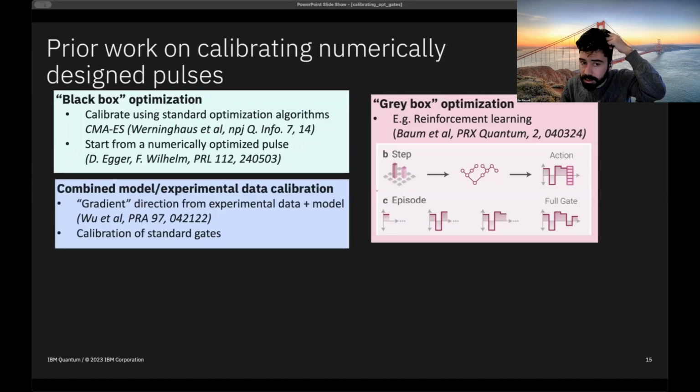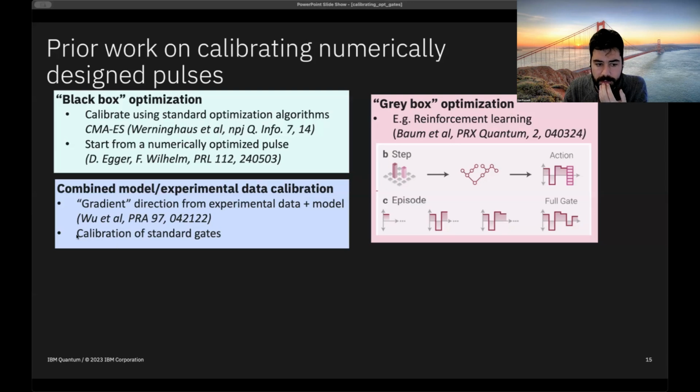This one is cool, where they try to combine model and experimental data. This paper, I think it was called D-GRAPE, they try to basically get an effective gradient to do searches in experiment. What they do is they take experimental data and still keep using the model in the calibration process to come up with directions to move in the calibration in the experiment. So that's cool.